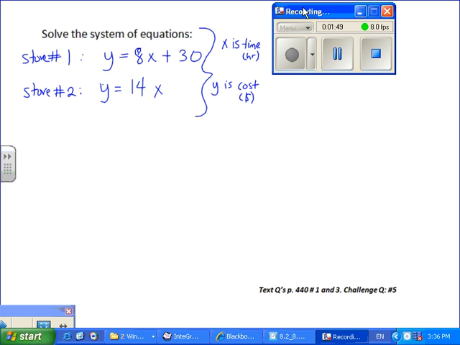To solve this, I have a couple of choices. Remember, I'm looking for a point that they both share. If I graphed it, it would be the point of intersection. So to solve, I could graph both lines and find the point of intersection. That's the solution.